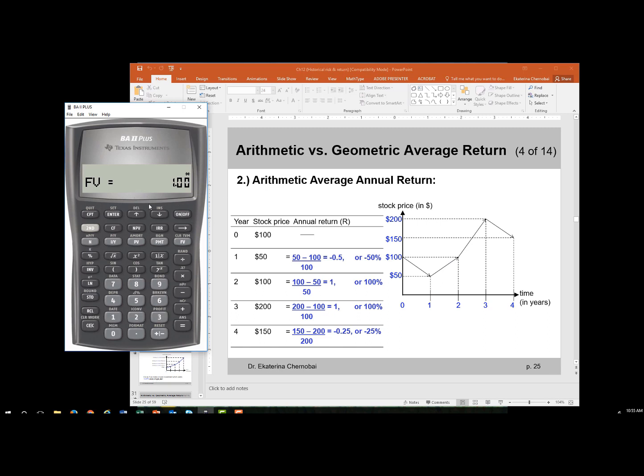Now repeat that 2 more times using the returns of 100 and minus 25% for the remaining 2 years. So I want to set this now to be my PV for the third time. So plus minus PV, 1 year later, 1N, 100%, another 100% return, so 100 IY. What's my future value? Compute FV.